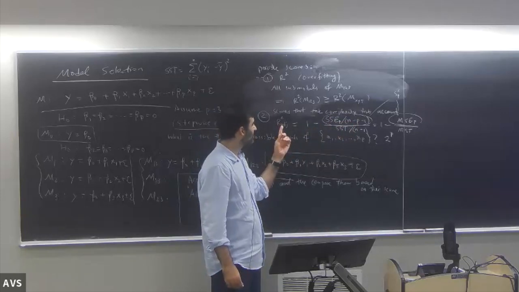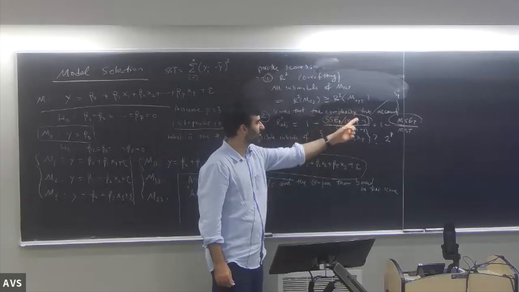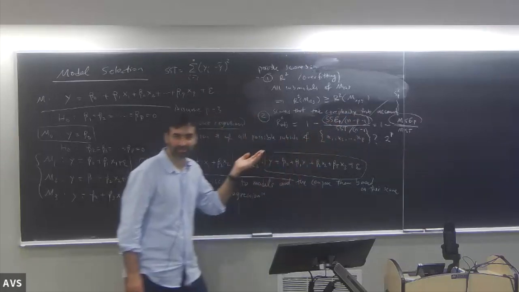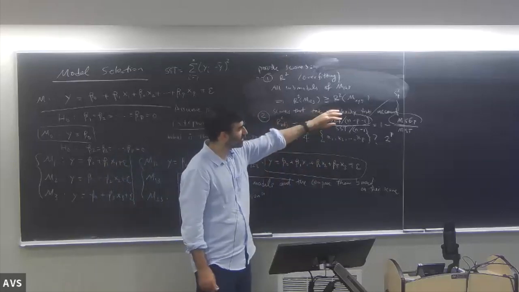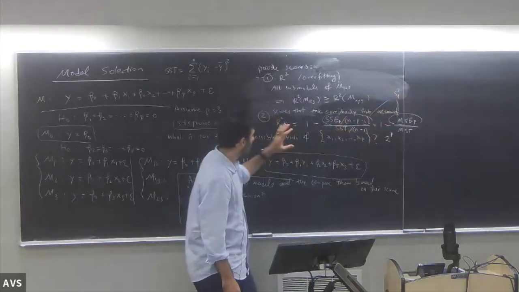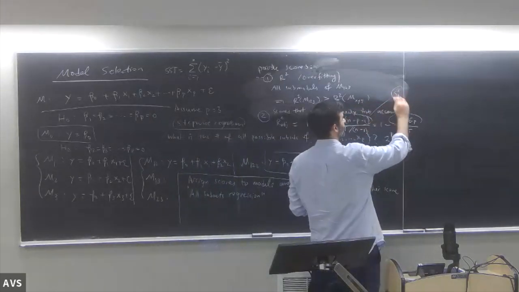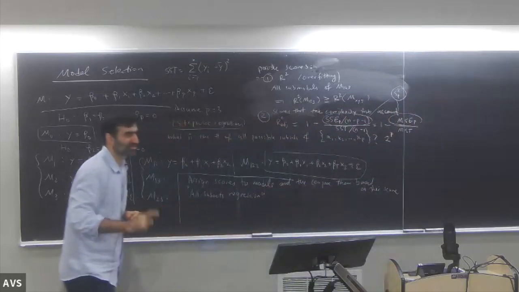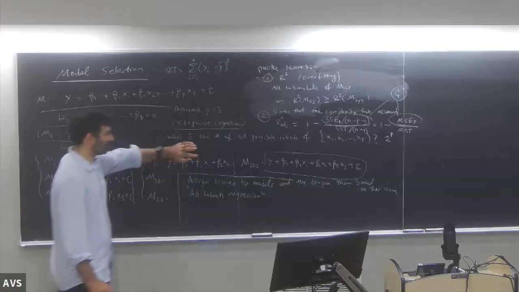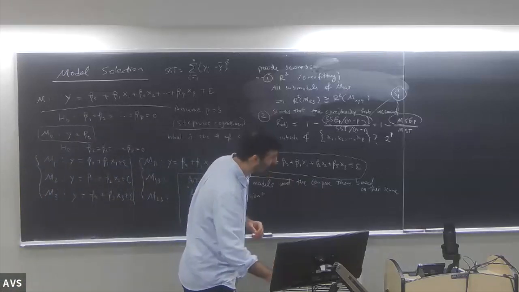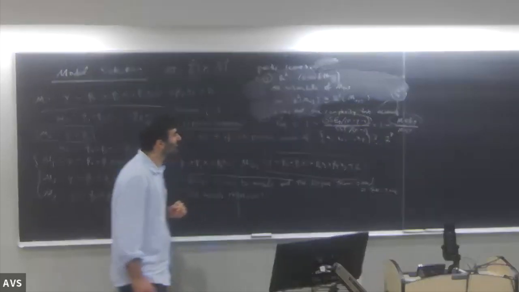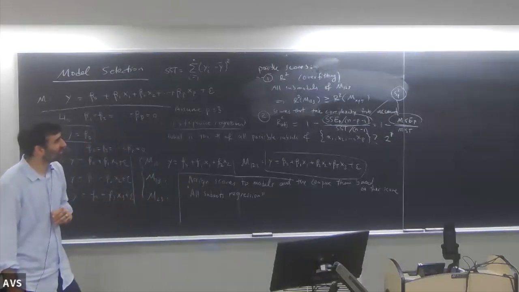So when I compare by adjusted R squared, I'm basically comparing by the numerator. A larger adjusted R squared is equivalent to a smaller MSE, or a smaller S squared. So comparing by adjusted R squared is the same as comparing by S squared. So we can choose based on the biggest adjusted R squared or the smaller S squared.